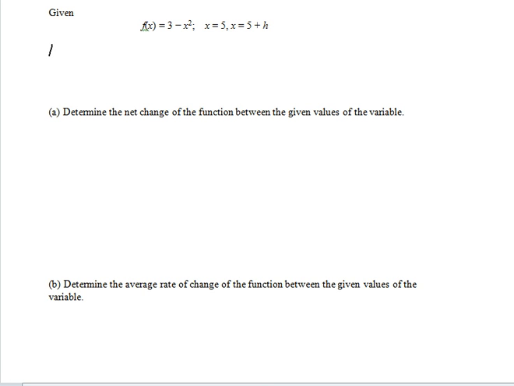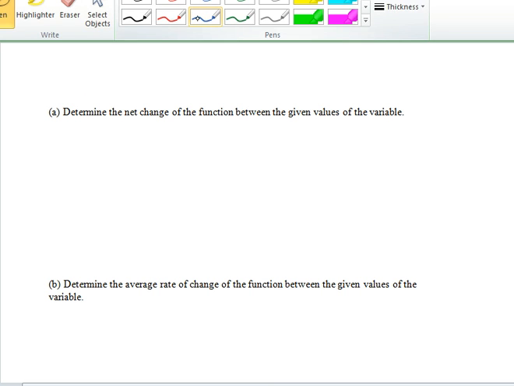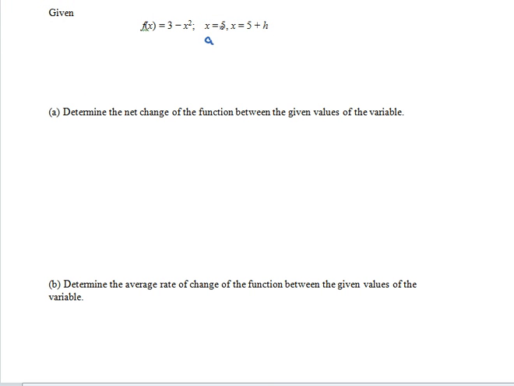In this example, we're asked to determine the net change and average rate of change of the function f of x equals 3 minus x squared between x equals 5 and x equals 5 plus h. So in this case, instead of using subscripts, let me call the first value of x a, and the second value of x b.